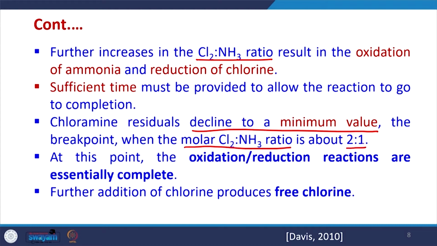So, under this condition we reach a break point, and at this point the oxidation reduction reactions are essentially complete, and if we add further chlorine, it will be totally available as free chlorine and it will be used up for disinfection as well. So, we always try to have a good amount of free chlorine available, so that it can be used for disinfection more.